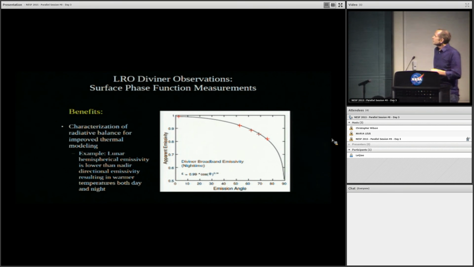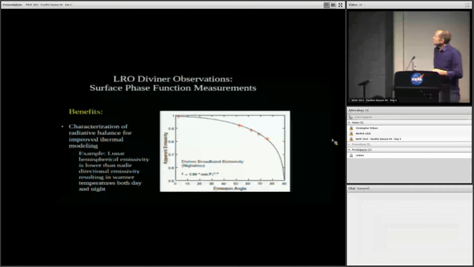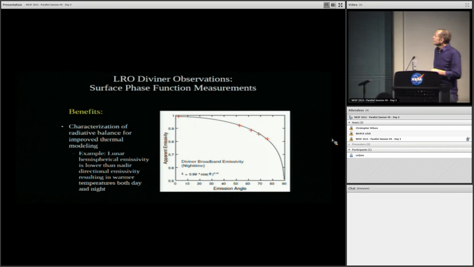And then I think this might be my last example. An additional benefit is this characterization of the radiative balance for improved thermal modeling. One thing that we're finding, which I didn't touch on too much in this talk, is that in addition to this beaming of radiance, we're also seeing a lowering of the emissivity of the surface, regardless of the direction from which you're looking at it.